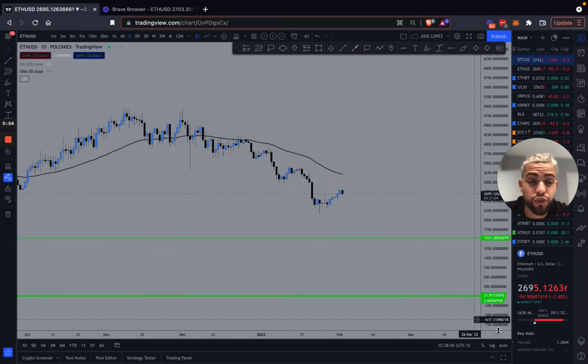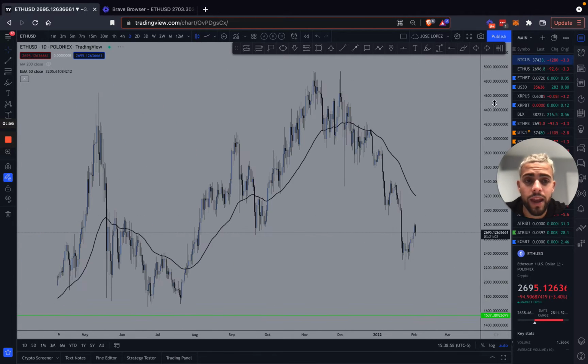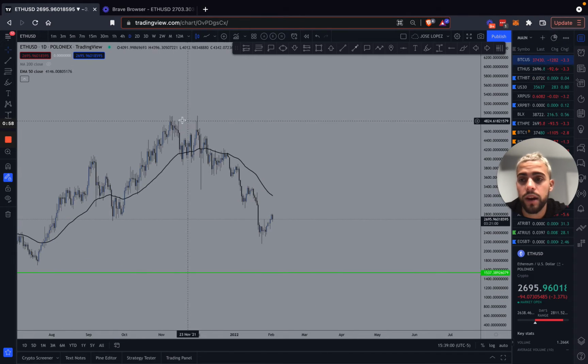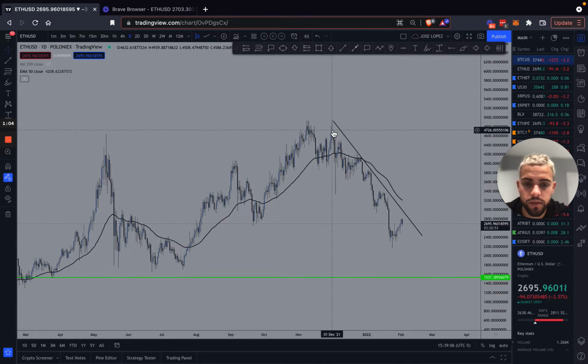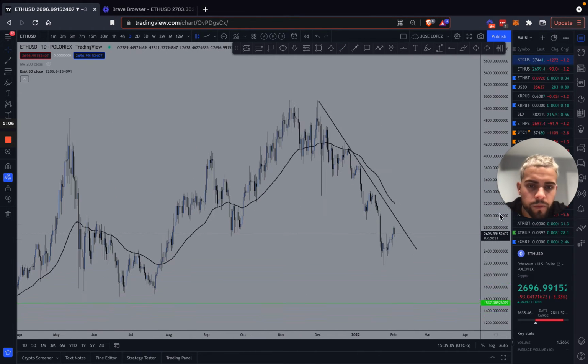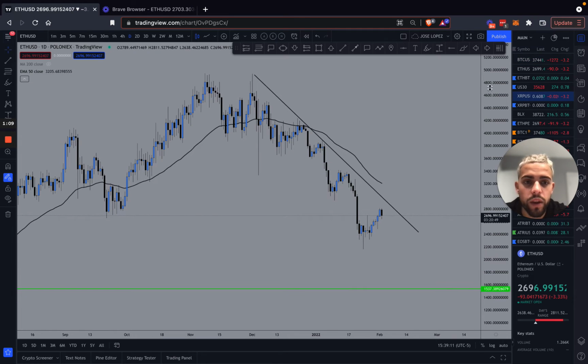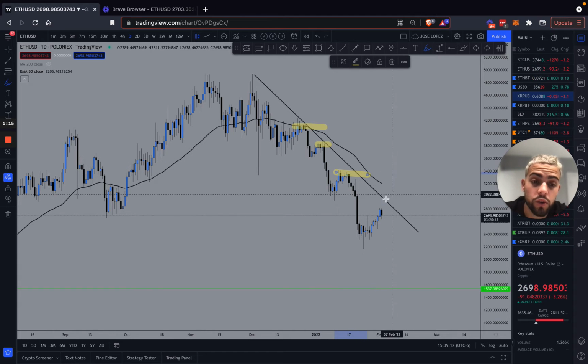Now I want to go straight into the daily time frame, and the first thing that I could spot is a really nice downturn that we've been putting in since the beginning of December, which means that we have been creating lower highs all throughout this area, and it looks like most likely this is a lower high for a lower move.